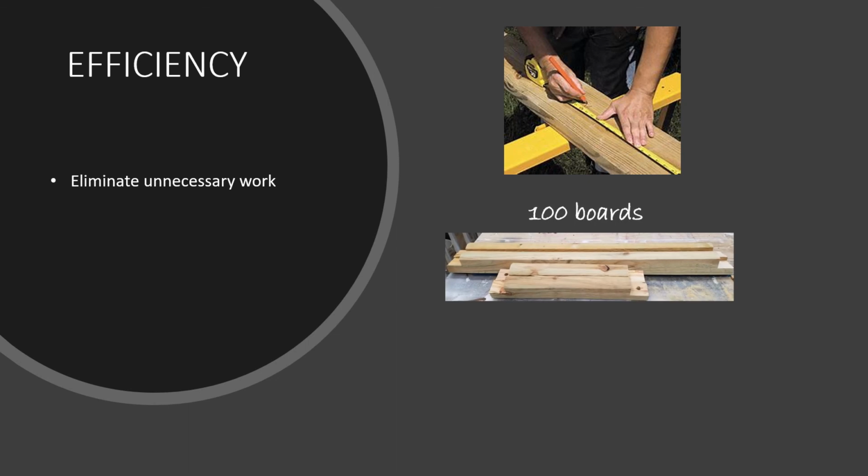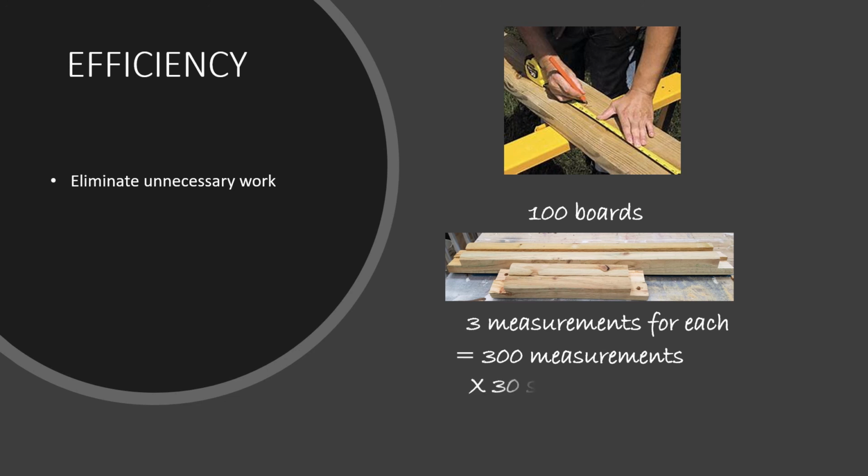For instance, if you had 100 boards to cut to length, and each one has a lap cut on each end, that's 300 different cuts, 300 different measurements.